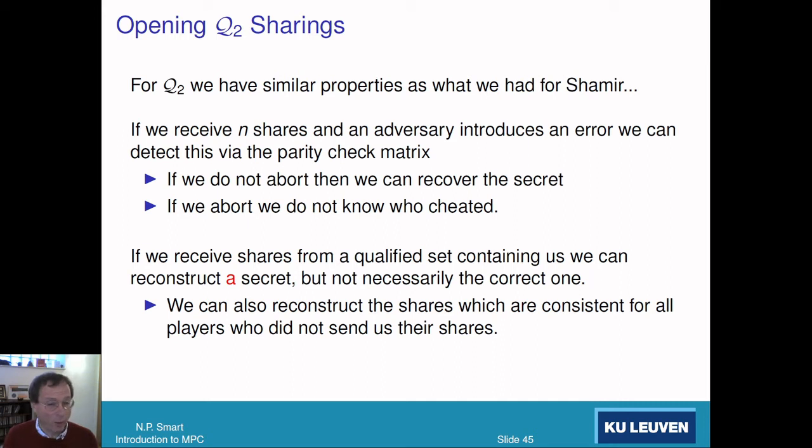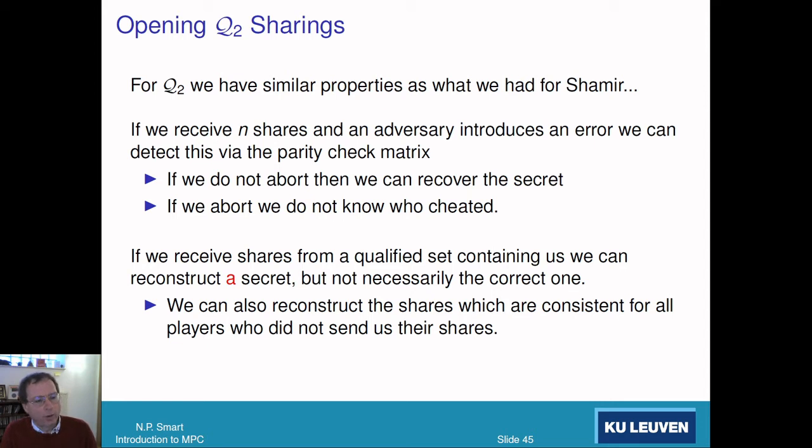What I now need to do is work out whether party 4 is cheating, or whether party 2 or 3 are cheating, or whether everyone's being honest. So what I now do is reconstruct the shares, not the shared value, but all of the shares.